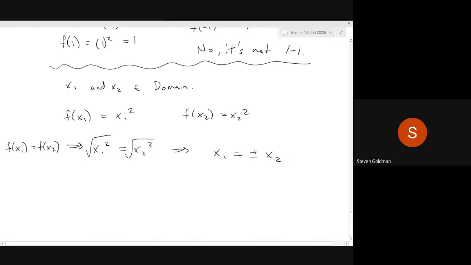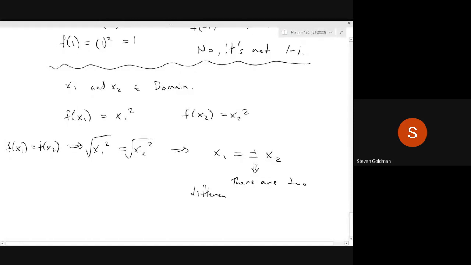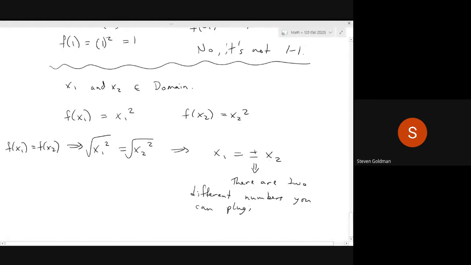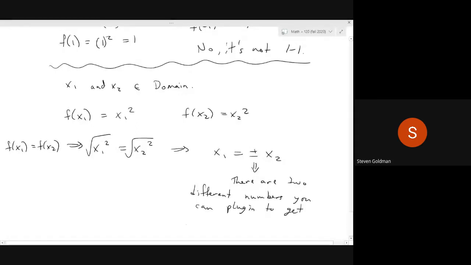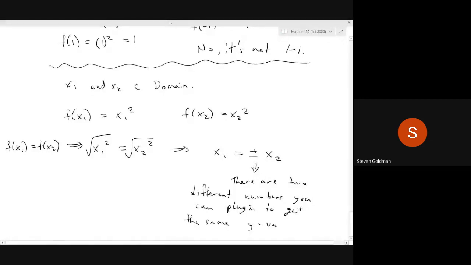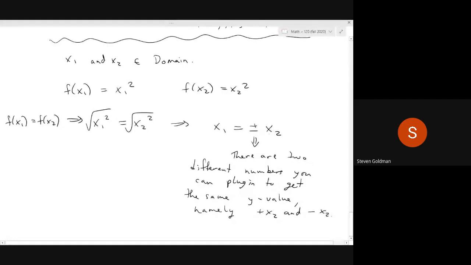So there are two different numbers you can plug in to get the same y value, right? Namely, positive x2 and negative x2.